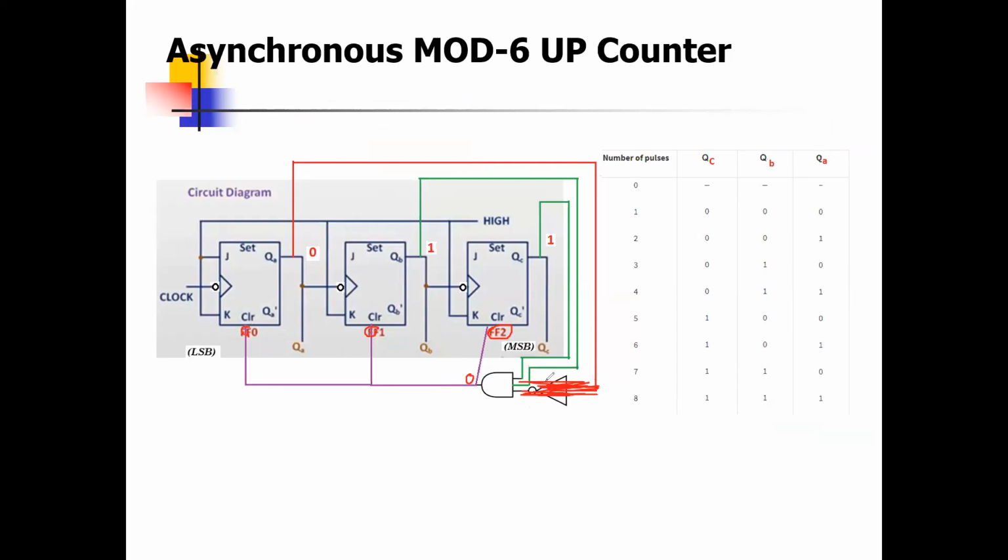So if you give it here, you will get 0 here. Then 0 and 0 will tell it, okay, I have to be clear. Got it? So it will go back to 1. Now it will be reset. No, not reset because it's 1. So that means the flip-flop will understand that I have to be reset.